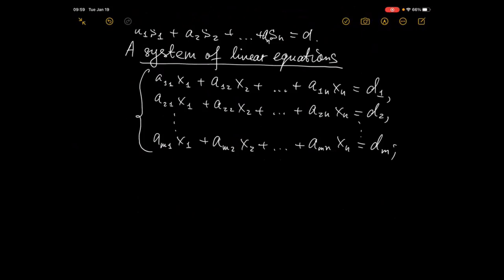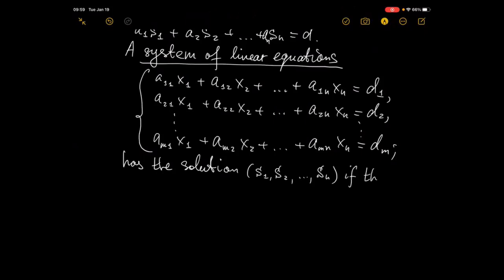A system of linear equations has the solution s1, s2, ..., sn if that n-tuple is a solution of all equations.